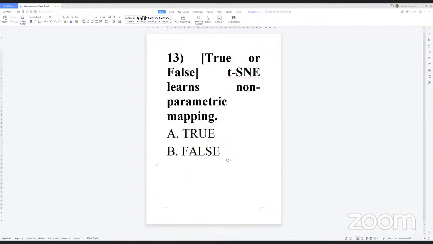So the next question is a true or false kind of thing. The t-SNE algorithm learns non-parametric mapping. Is it true or not? It's a very easy question.